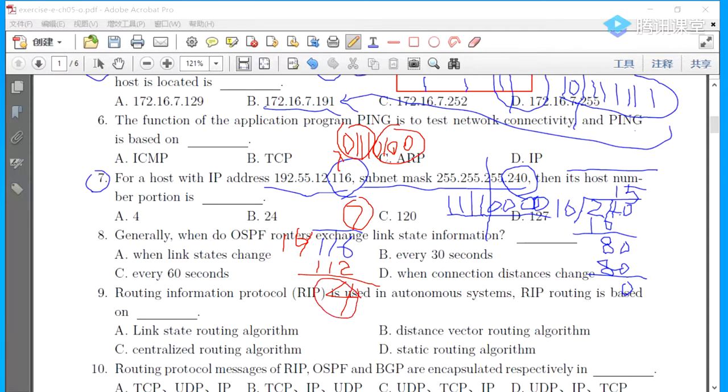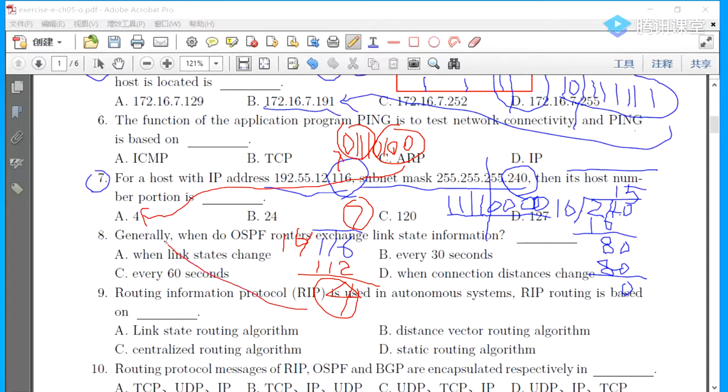So the last 4 bits are actually 0100, and from this we know the answer is A, 4.